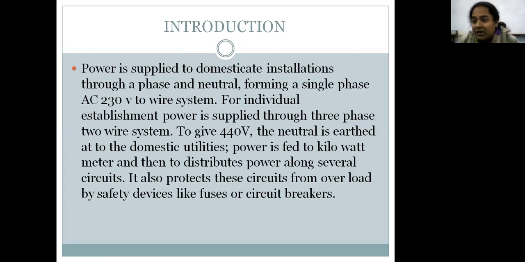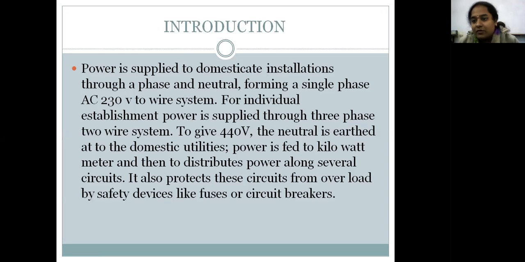So from where do we get power? I hope you all know power is generated through thermal plants or hydraulic plants and different plants, wind plants. So power is generated and it is brought through the junctions. There will be many power junctions, powerhouses.